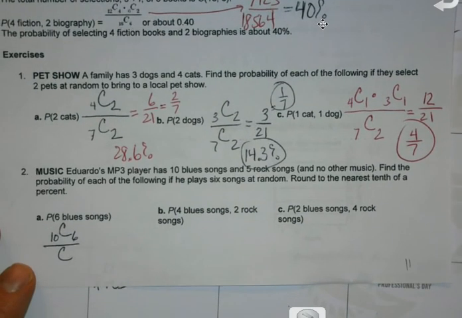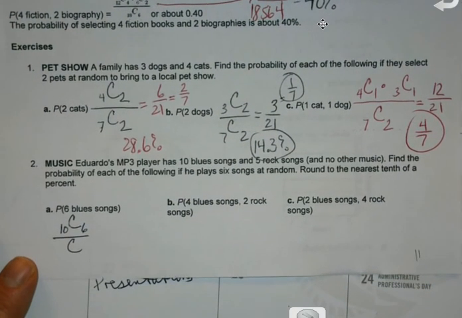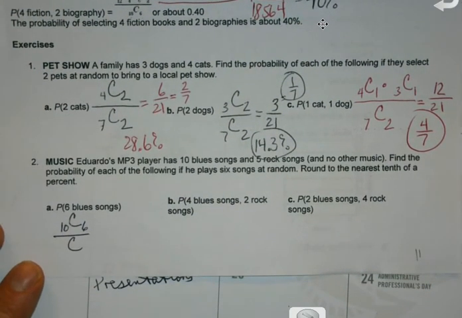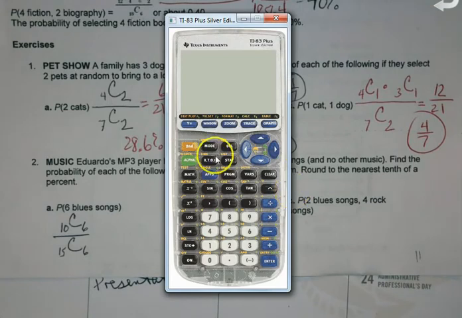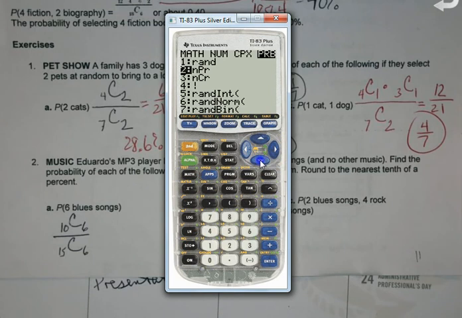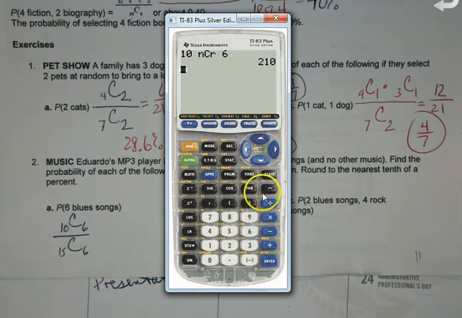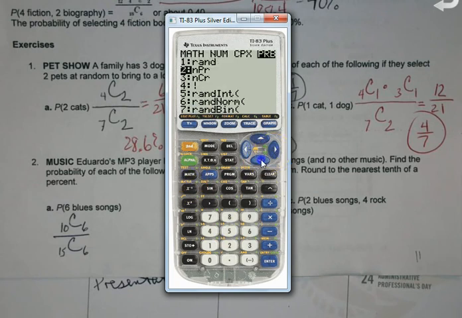And then what would my total be in the denominator? 15 songs, pick 6. So 10 pick 6, over 15 pick 6.